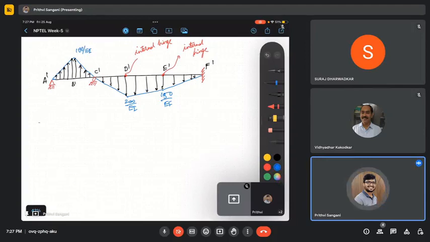Now the summation of moments about D dash, considering the span A dash to D dash, is 0. I'm considering the reaction at A dash as upwards.